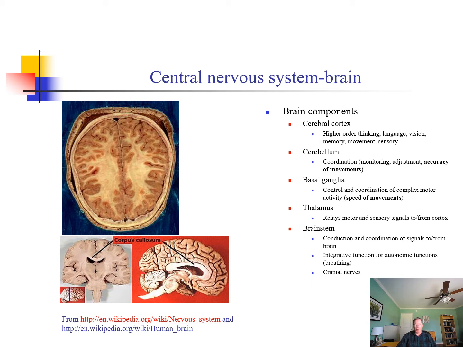You may remember when we talked about pulmonary physiology, one of the control centers for this is in the medulla oblongata, which is part of the brainstem. And the nerves that control things within our face, called cranial nerves, also come off of the brainstem.